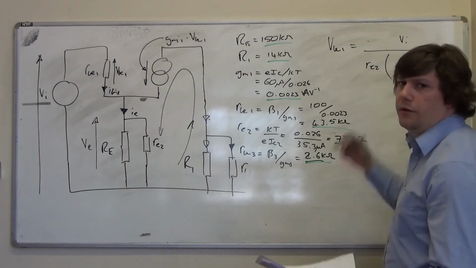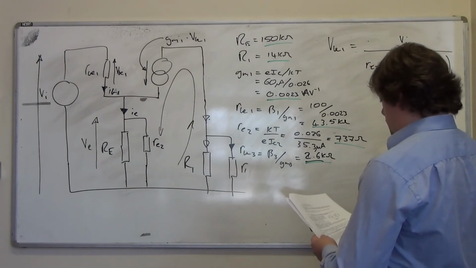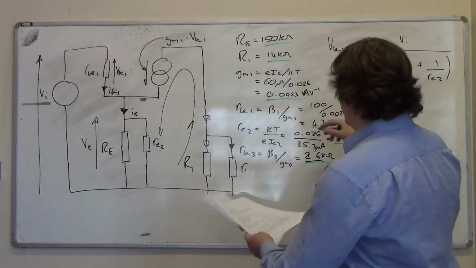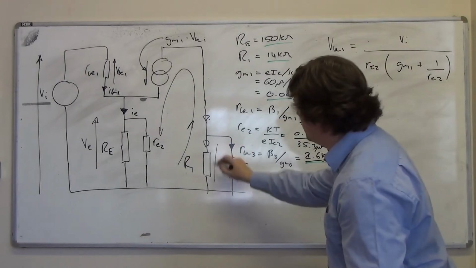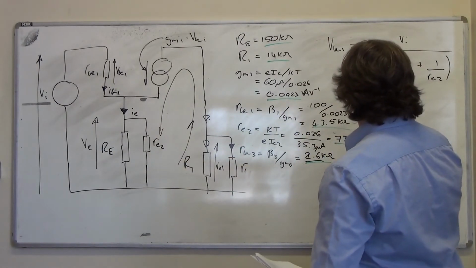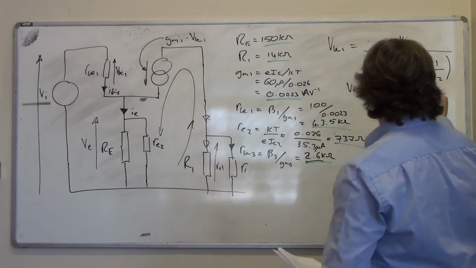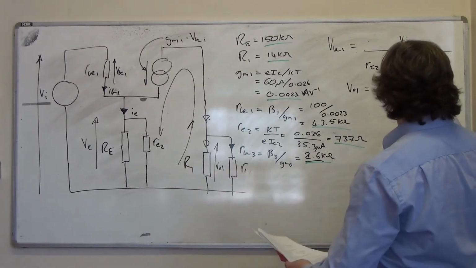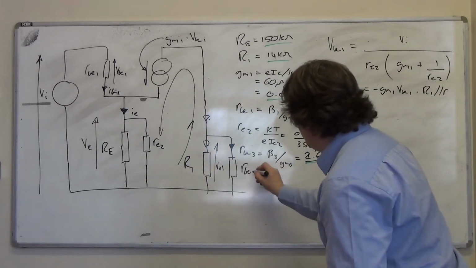It's easy just to have a 1 there. And for the output part, we'd have VO1. VO1 is equal to minus GM1 VBE1 times R1 parallel RBE3.